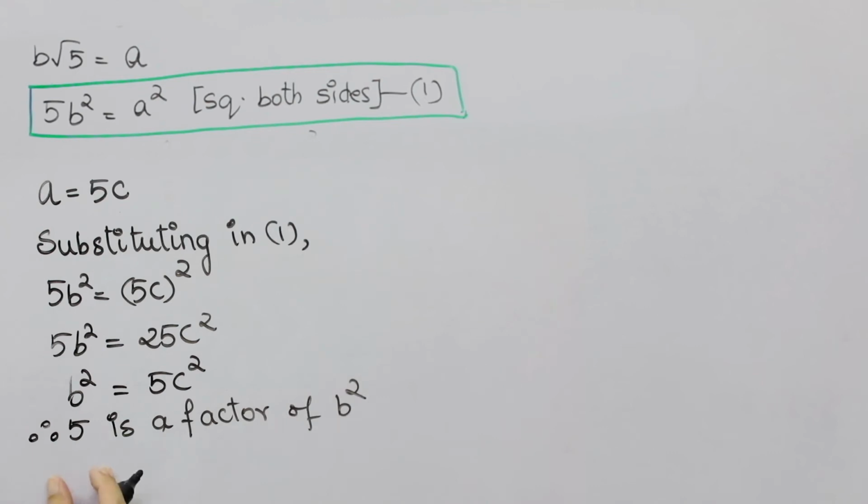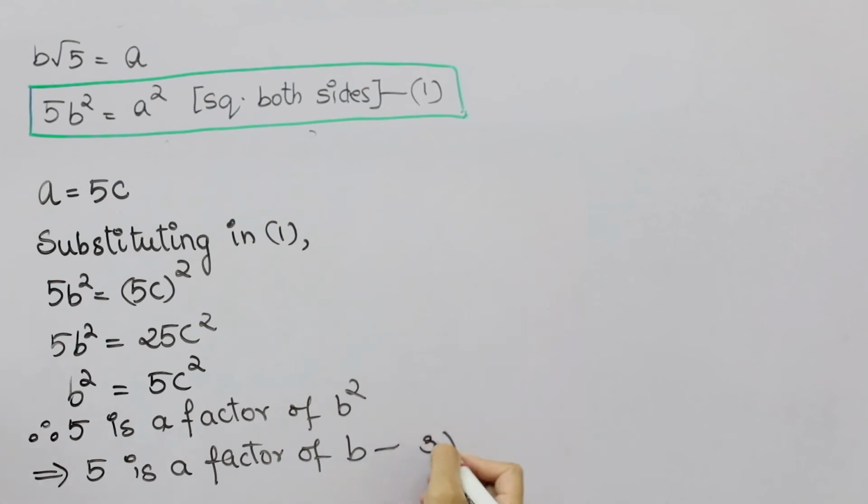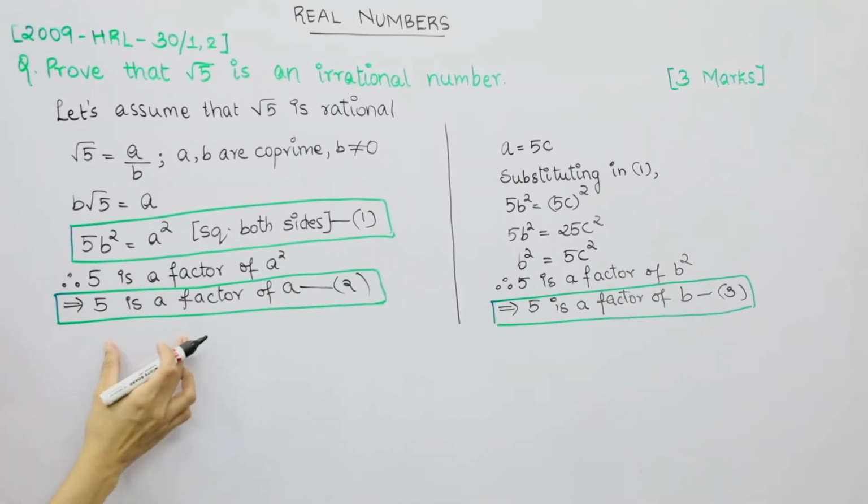If 5 is a factor of b square, 5 is also a factor of b. And this is from the same theorem: if a prime number divides a square, it also divides a. So this becomes our statement 3. From statement 2 we have 5 is a factor of a, and from statement 3 we have 5 is a factor of b, which means 5 is a factor of both a and b, or 5 is a common factor of a and b.